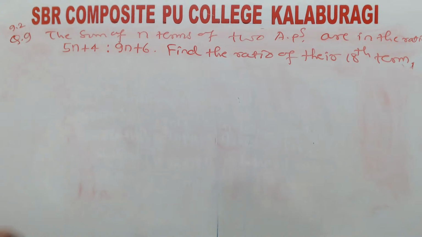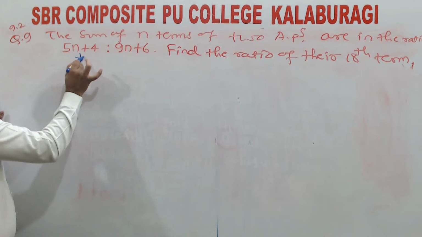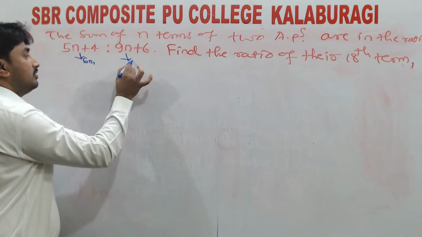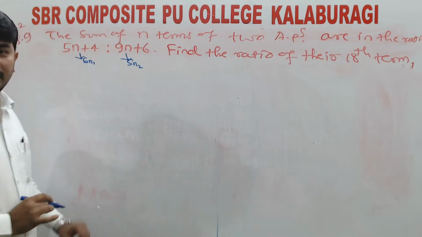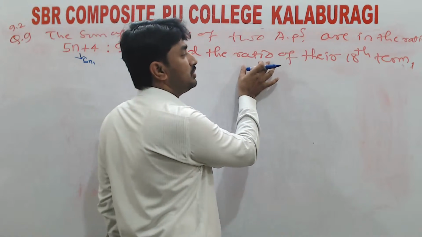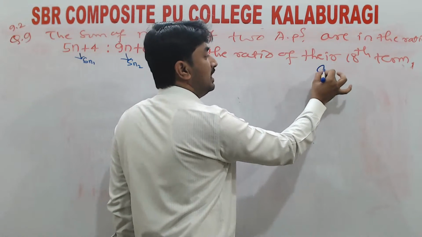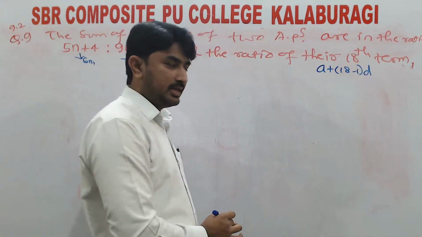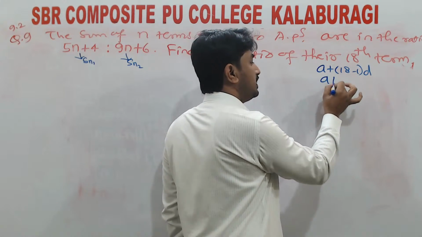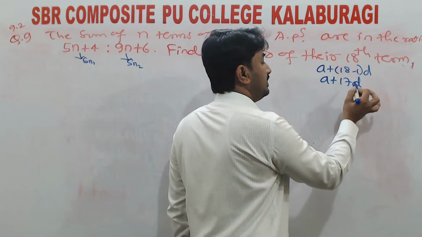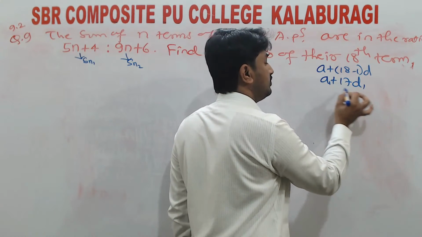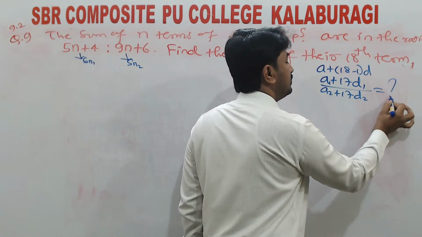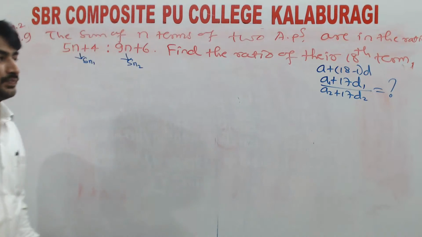Here they give the value of Sn1 and the value of Sn2, and we want to find the ratio of the 18th term. 18th means a plus 18 minus 1 into d, which is a plus 17d. It means (a1 plus 17d1) divided by (a2 plus 17d2) is equal to how much, the ratio.